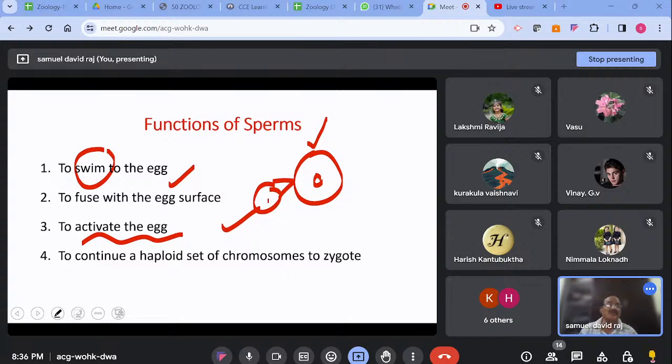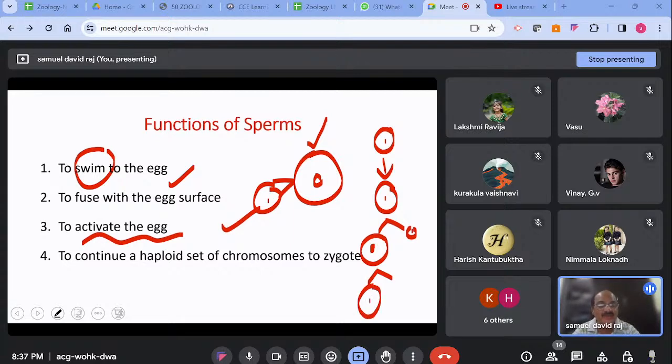Why does it have to activate the egg? When I was dealing with the hormonal control of reproduction in mammals, I told you that the oogonium increases in size to produce the primary oocyte, which undergoes first meiotic division to produce a secondary oocyte and a small polar body. And if it again undergoes meiosis, it gives an ovum and another polar body is released.